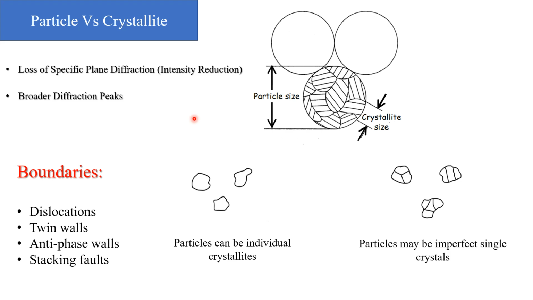So why is it important for us? Why is crystal size important? Because when we reduce size into the nanometric scale, there will be a loss of specific plane diffraction.